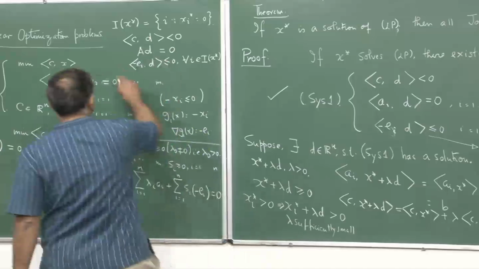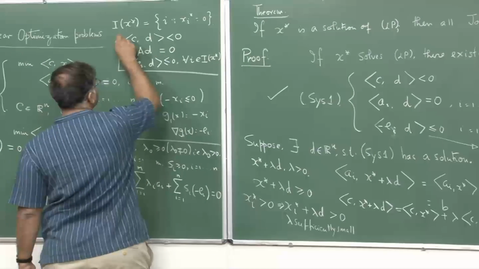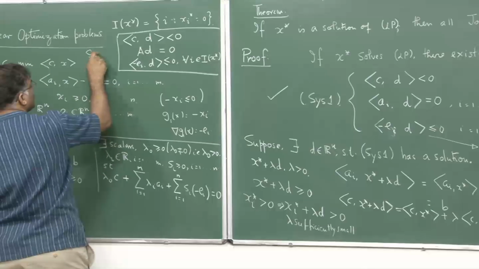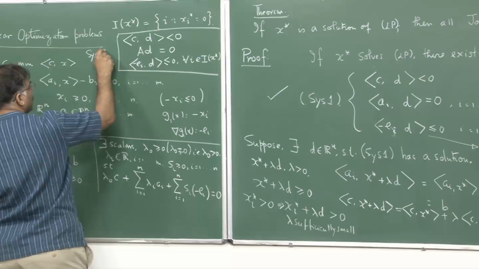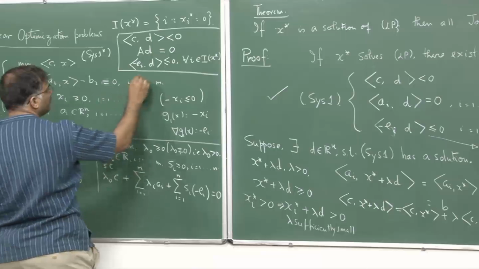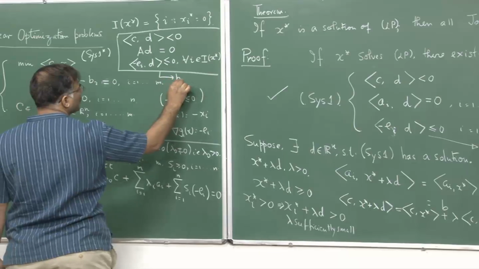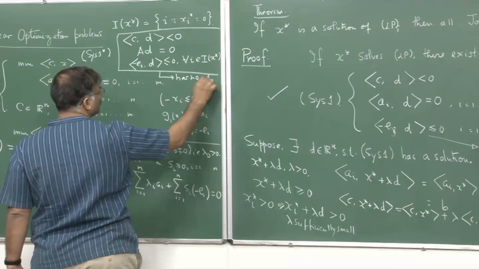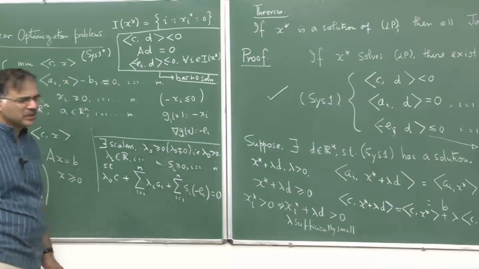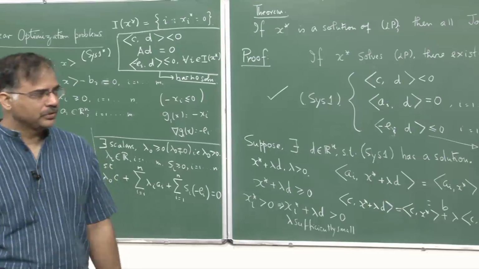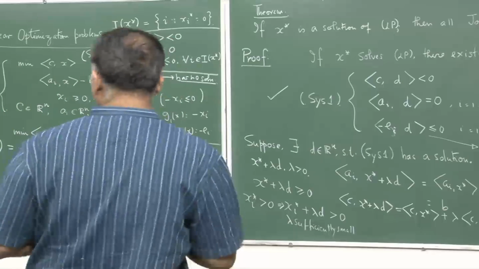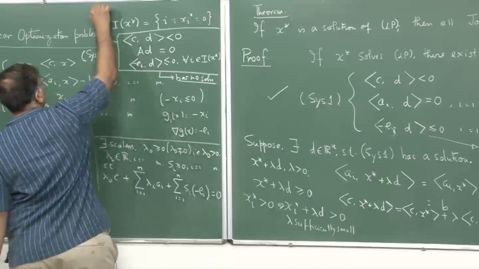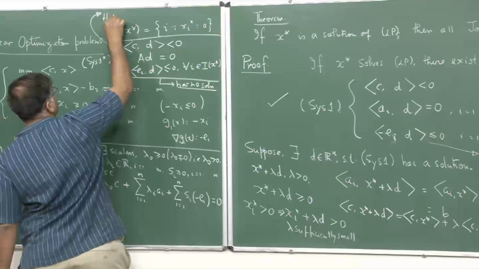I can prove that this system, which I can call sys 1 star, has absolutely no solution. I would leave that as an exercise to you. Please consider this as your homework, HW.